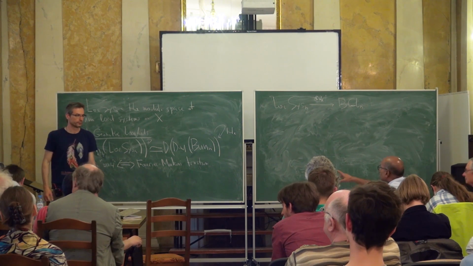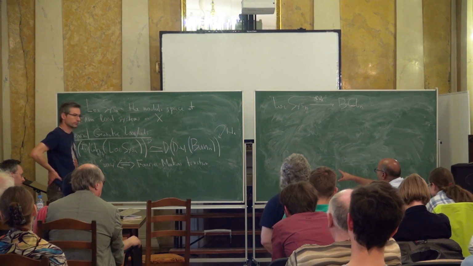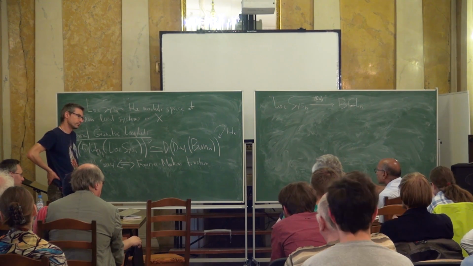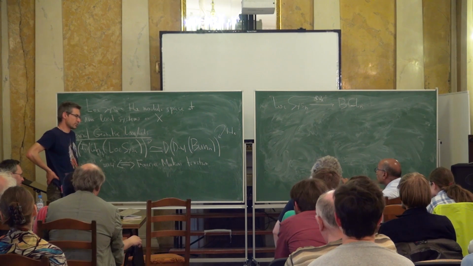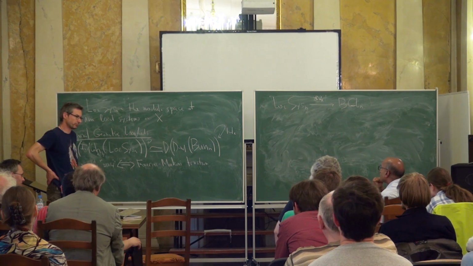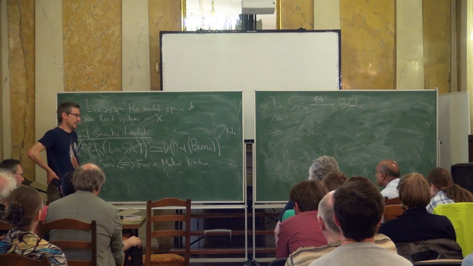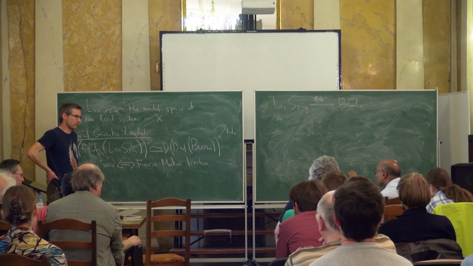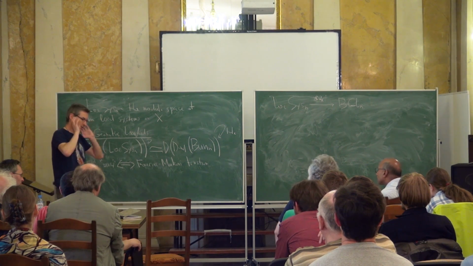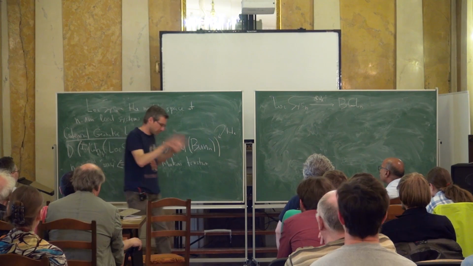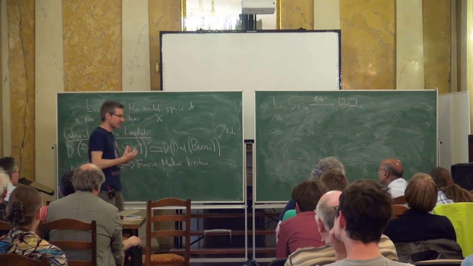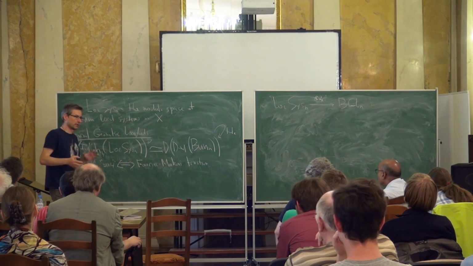Sorry, this categorical geometric Langlands you have formulated only for GLN? No, there's a conjecture for an arbitrary G. It's a conjecture about an equivalence for an arbitrary G, and there is an outline of the proof.